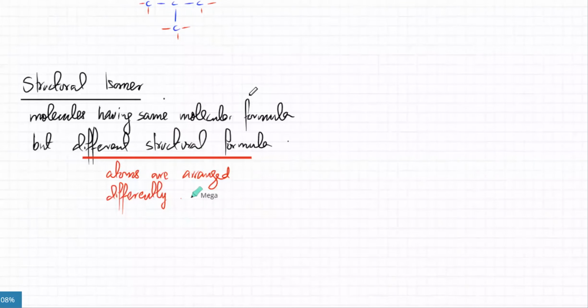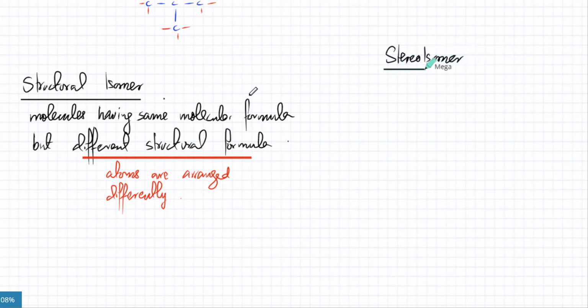And then there's another version, which is a stereoisomer. Now, when it comes to stereoisomers, the definition is that it's going to be a different version of the molecule. But the difference is going to be very subtle. There would be molecules having the same molecular formula, and their structural formula would be the same as well.